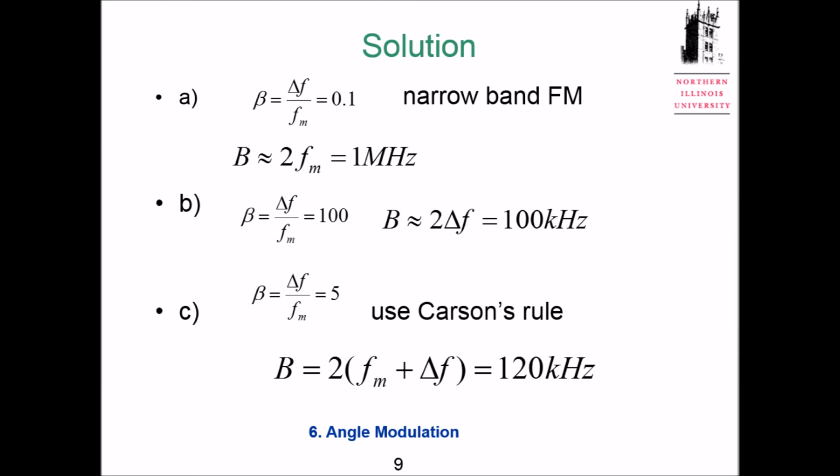So narrow band and wide band are about how wide or how narrow compared with your modulating signal, right? 1 megahertz is much wider than 100K, right? But your original signal for part A is 500K, right? Here, original signal is 500 hertz. So wide or narrow is related to your message.